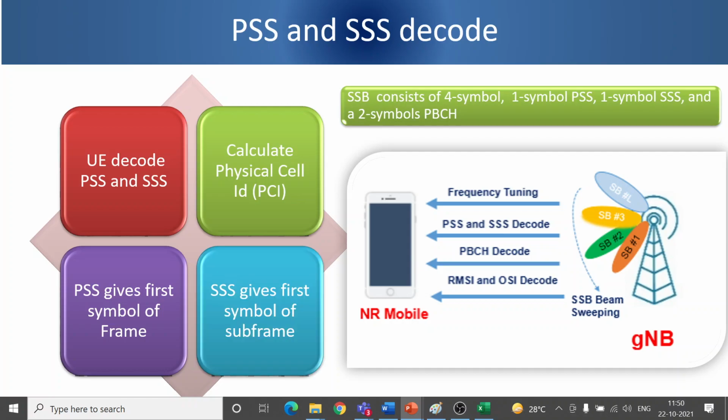And with the SSS, the secondary synchronization signal, it will come to know the first symbol of a subframe, because your frame will have 10 subframes of 1 millisecond, and every subframe will have a certain number of slots, either a single slot for numerology 0 or 2 slots for 30 kilohertz. In every slot we will have 14 symbols. So the SSS will give you the first symbol of a subframe.